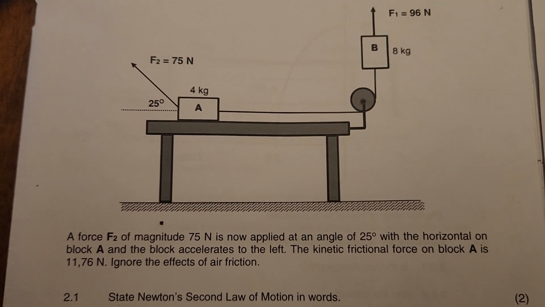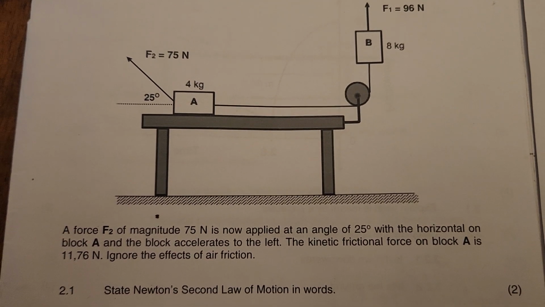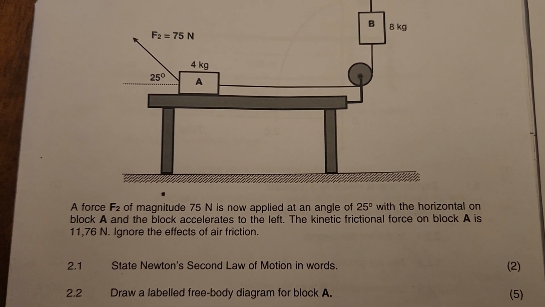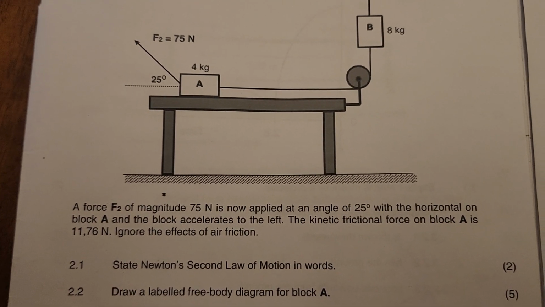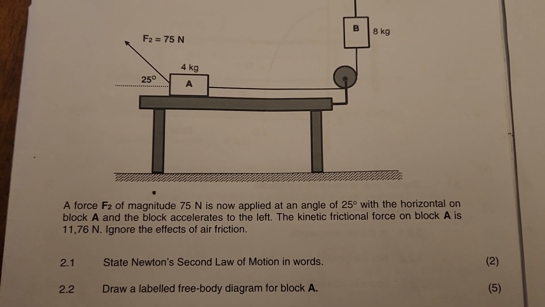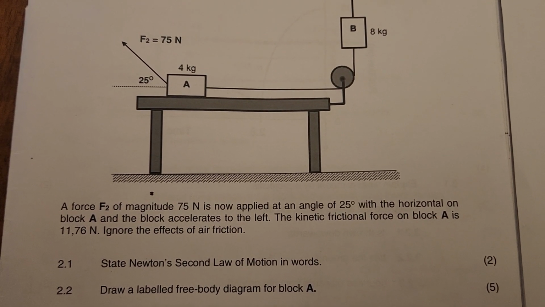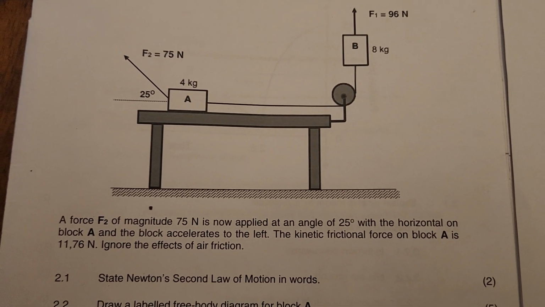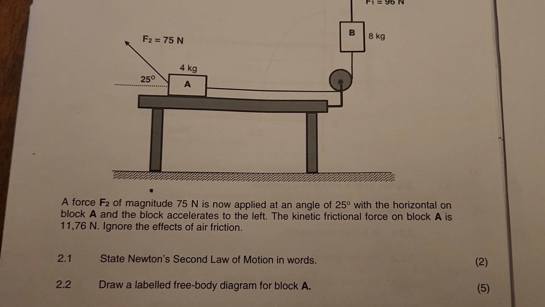Now, very important, the next statement. A force F2 of magnitude 75 Newton is now applied at an angle of 25 degrees with the horizontal on block A, and the block accelerates to the left. Underline that, because that will tell us a lot about friction and the direction of motion.